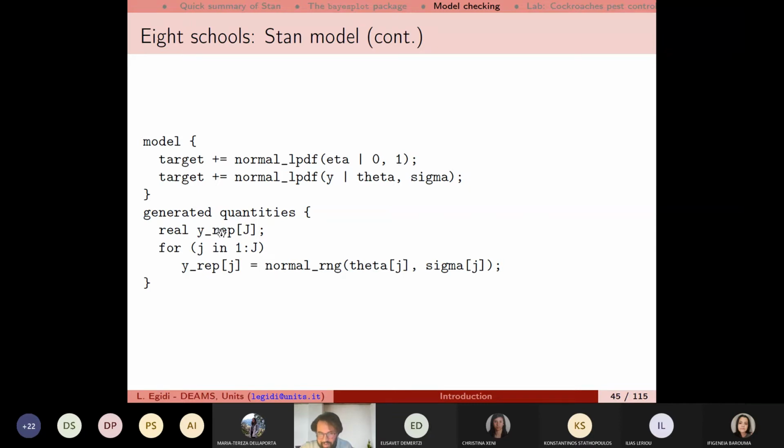Yes, this is a vector, but generally it will be extracted as a matrix S times n, with as many rows as iterations of the algorithm and as many columns as the dimension of the data vector. So it will be a data matrix of dimension, let's say, 2000 times 8, because I have just 8 data points. So with this, I'm generating hypothetical replications for my data process. So I'm creating new copies of my data.